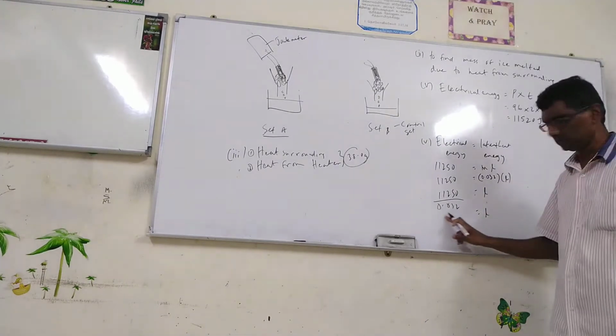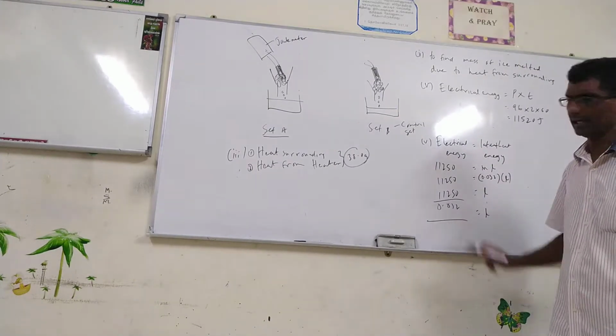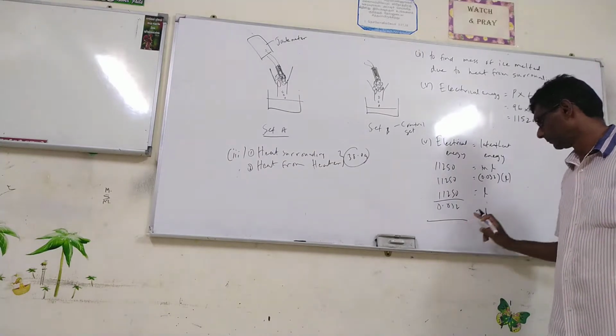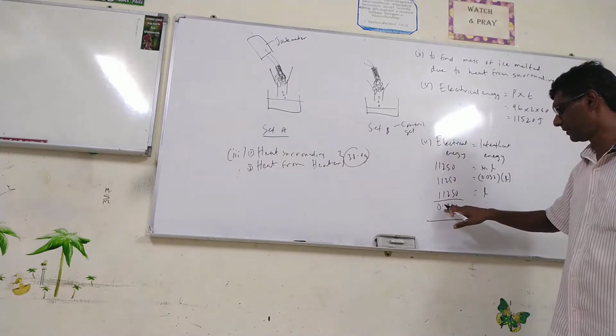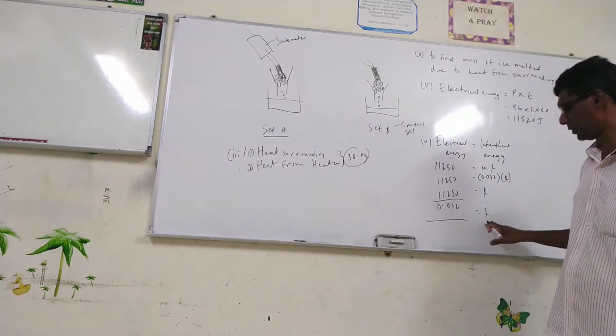You can find L. It's 11,250 divided by 0.032.